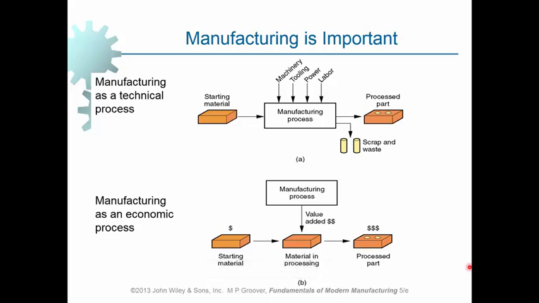So the manufacturing process has added value to the starting raw material. Again, the example is the straight bar. When it is in the form of a straight bar, it has a certain value. After it is subjected to the manufacturing process and is converted to the form of a coat hanger, then its price or value will be greater than the initial price. So it has added value.